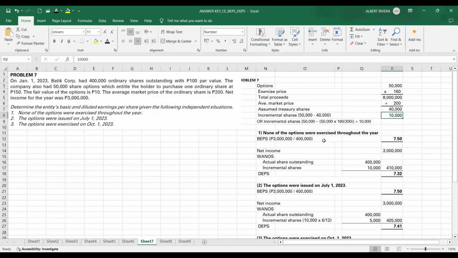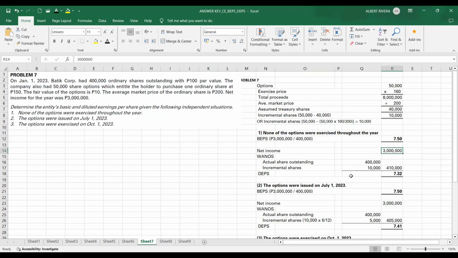None of the options were exercised. So, the net income here is provided. So, this is 3 million divided by the 400,000 number of shares outstanding. Sabi niya, none of the options were exercised. Okay? So, that is the first assumption. So, here, natayo lang to eh.